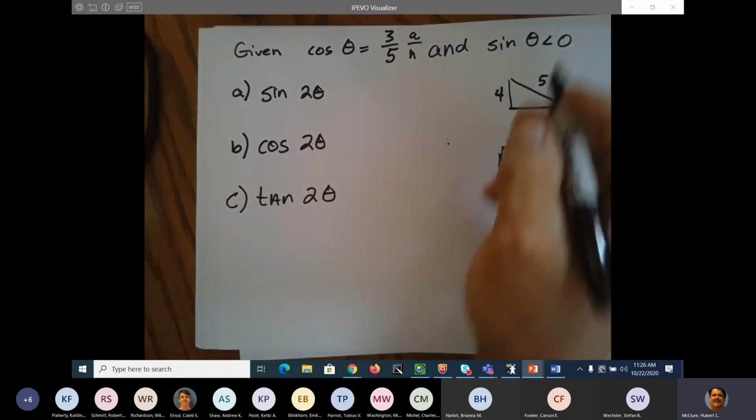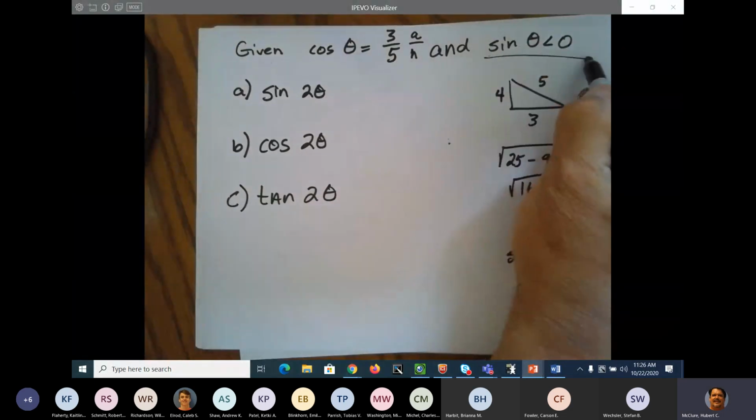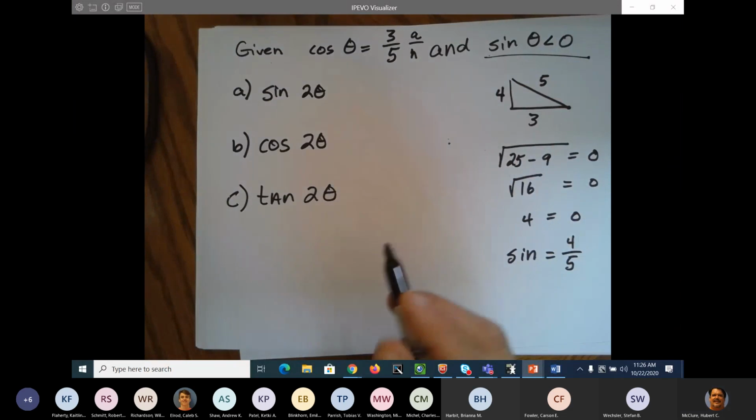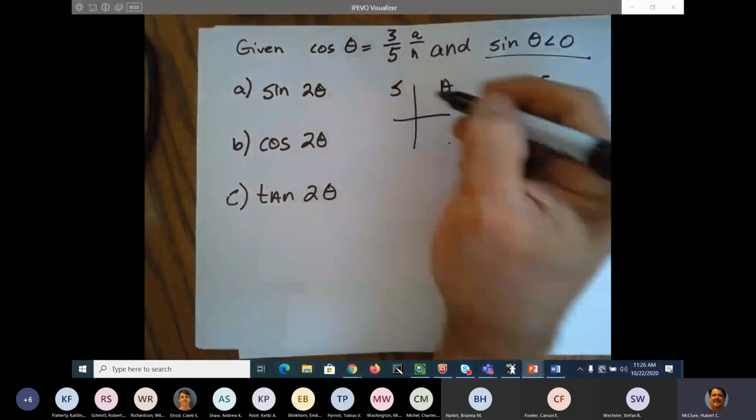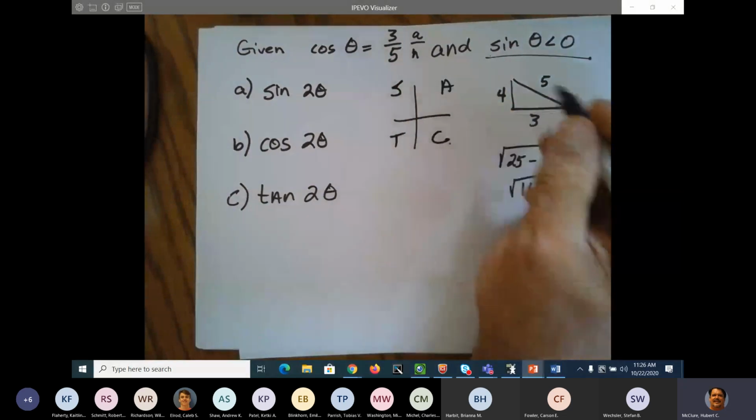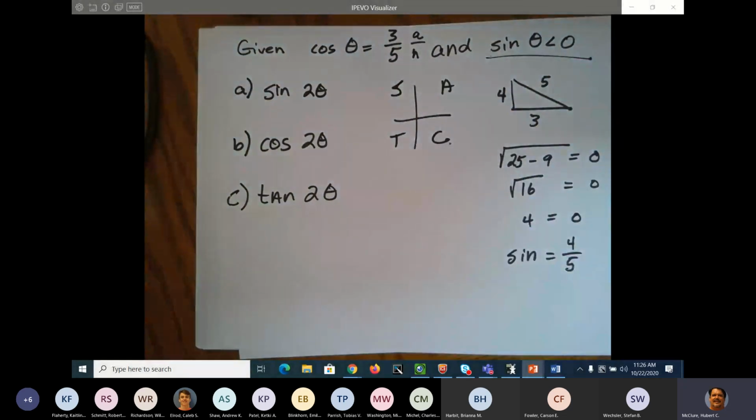Now it says right here that the sine is negative. All students take calculus. So you can mark out which quadrants.